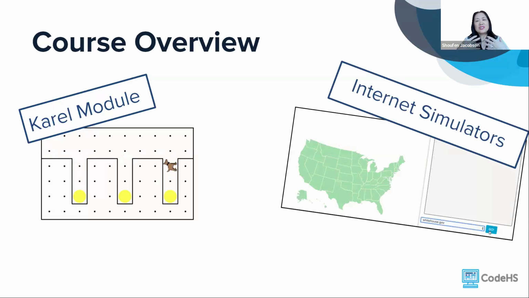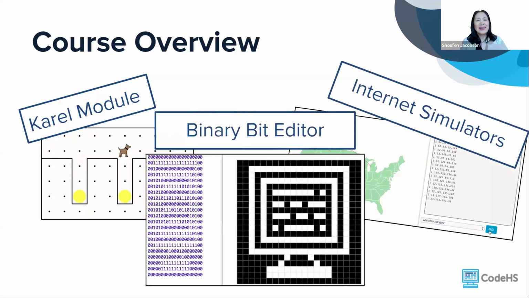You have images, you and me, and the plants you took from your garden in the background, just a bunch of 0s and 1s. This is really helpful for kids to understand this concept. And the binary bit editor, I love this one.